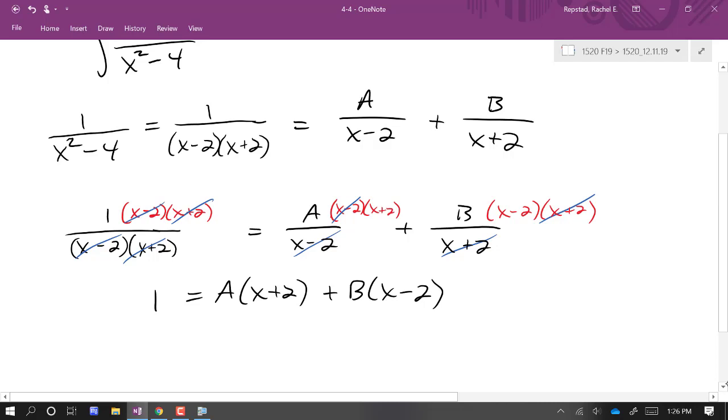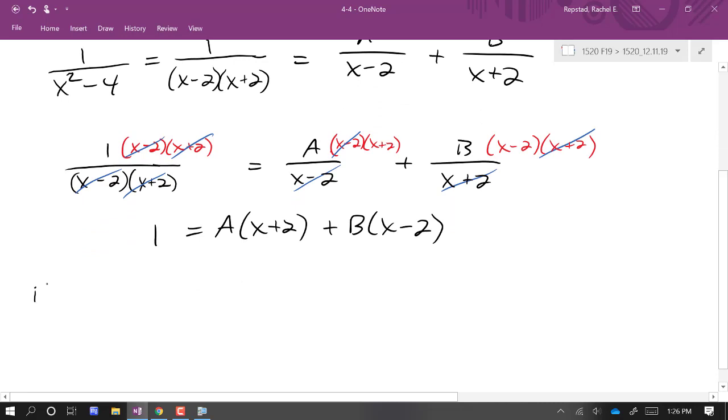So let's consider this equation when x equals 2. If x is equal to 2, the left side is a constant, so the left side is still 1. And if x is equal to 2, then we have a times 2 plus 2, or a times 4, plus b times 0. So that cancels out. 1 is equal to 4a, so we get a is equal to 1/4.